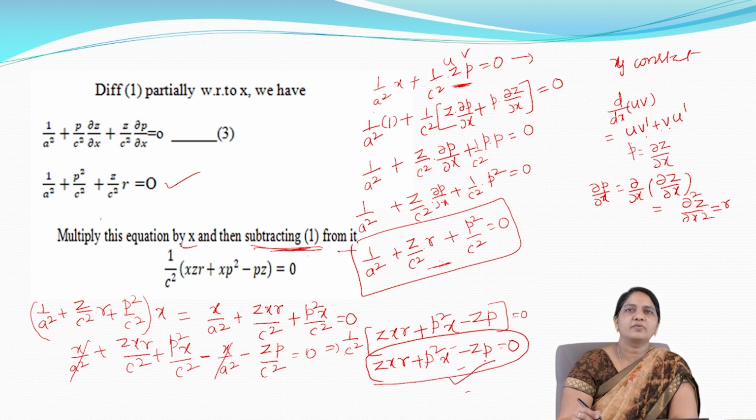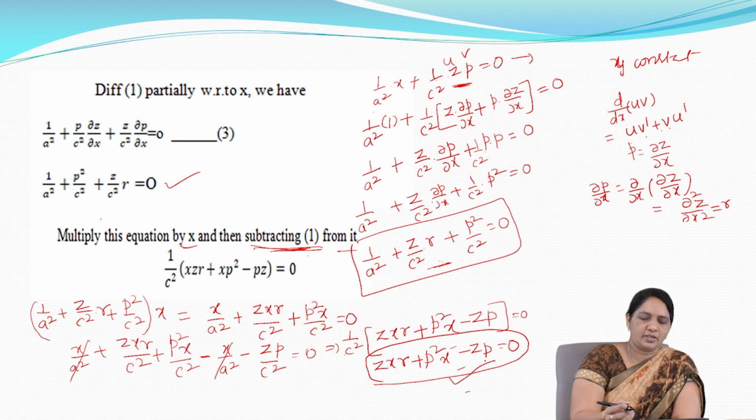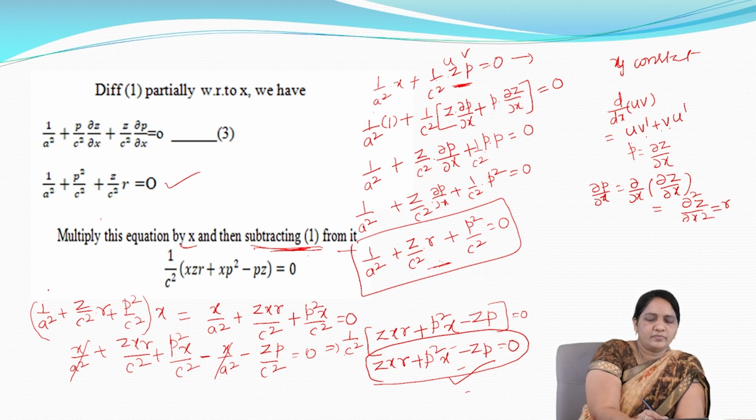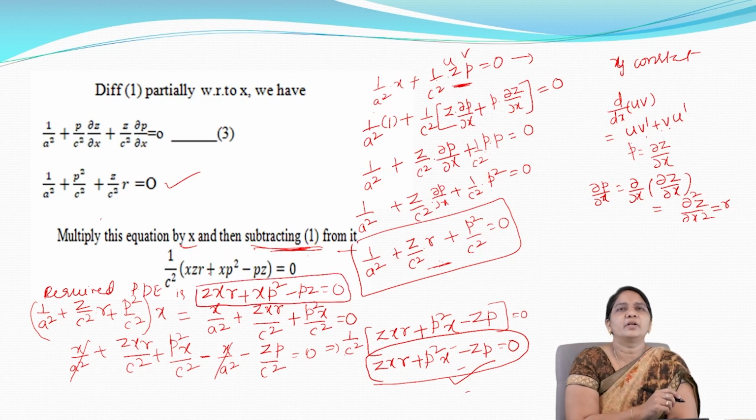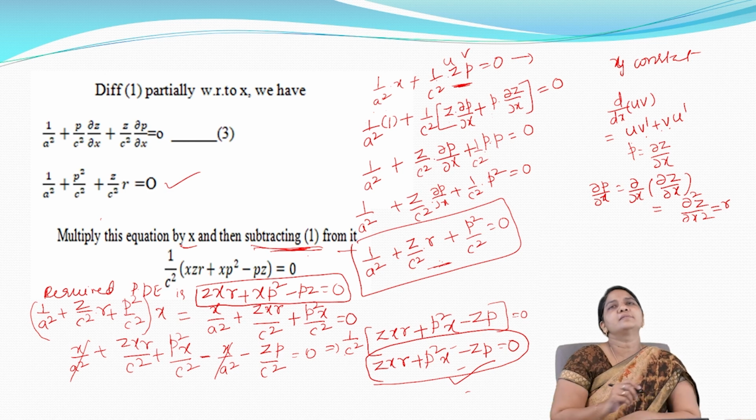So this is our final required PDE: z x r plus x into p square minus pz equal to 0. This is our required PDE after eliminating arbitrary constants a, b, c.